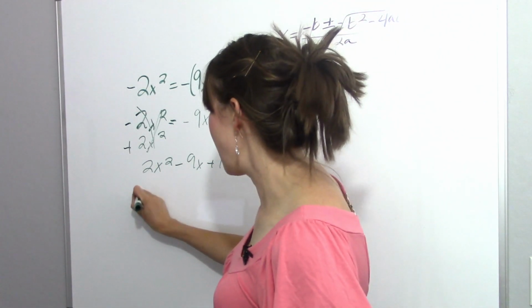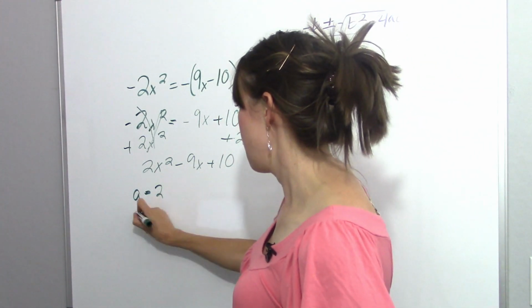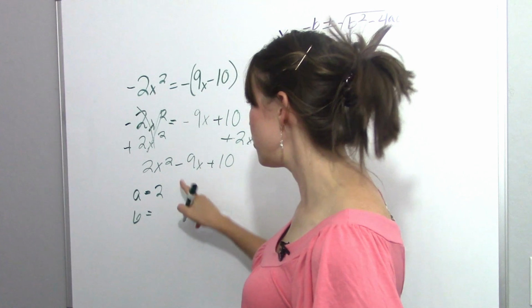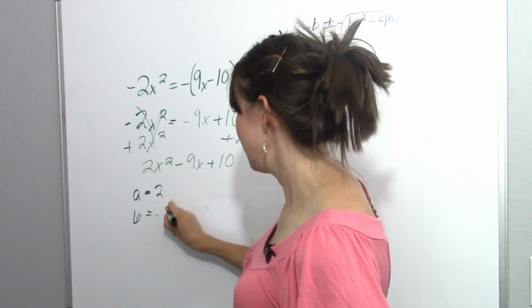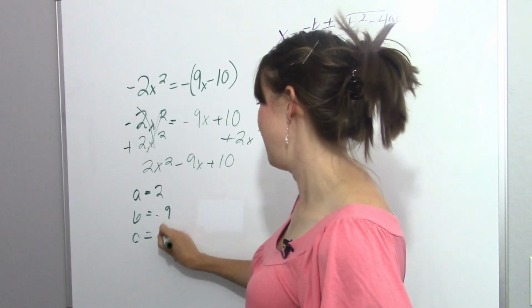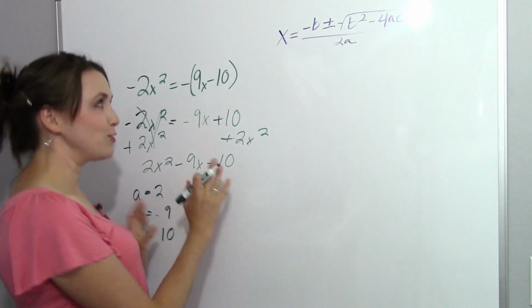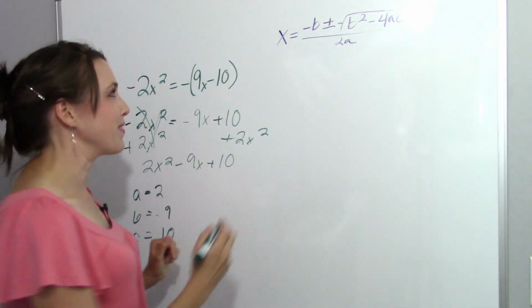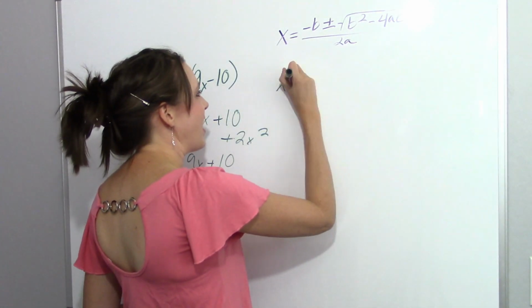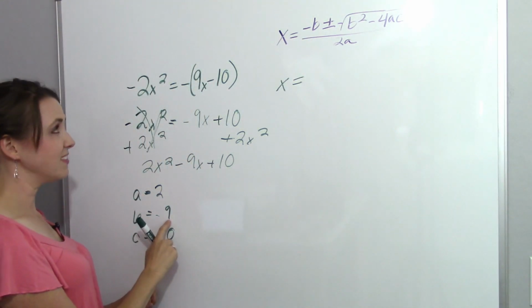So I have my A is equal to 2. B is equal to negative 9. And C is equal to 10. And now to put it right into our equation here. So we have x is equal to negative b. So we have negative 9.